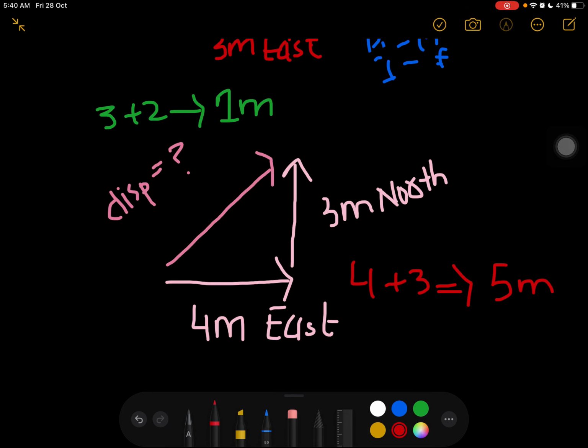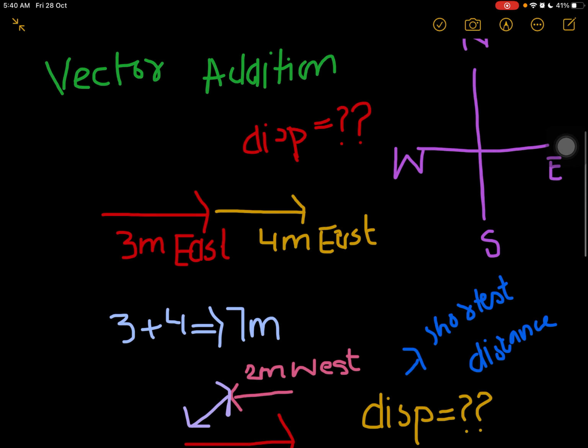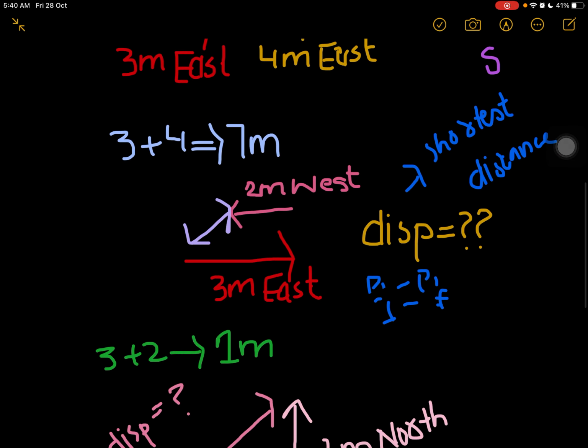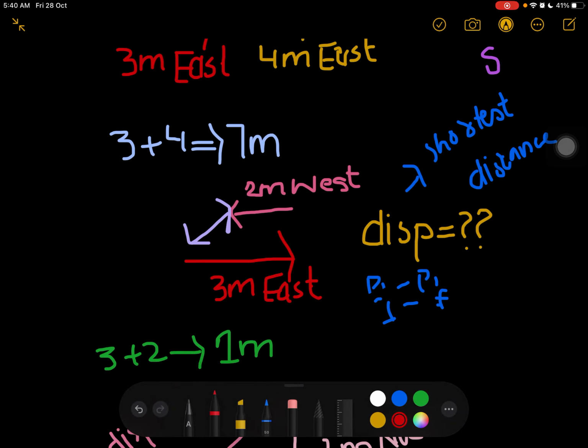So it means that in vector addition, if we add 3 plus 4, the answer can be 7. If we add 3 plus 2, or let me change this value and consider this as 3. Now it will be easy for you.